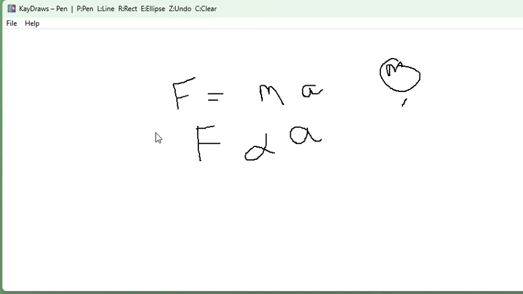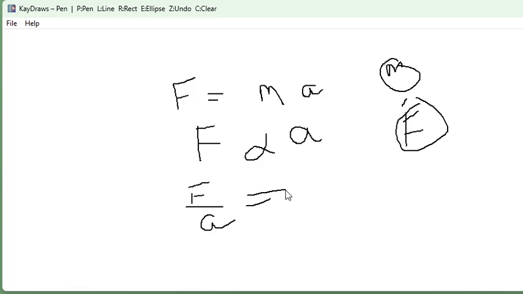If we make the force constant, we can move things around in the algebra like this. So we can write it this way. You can make any variable constant.